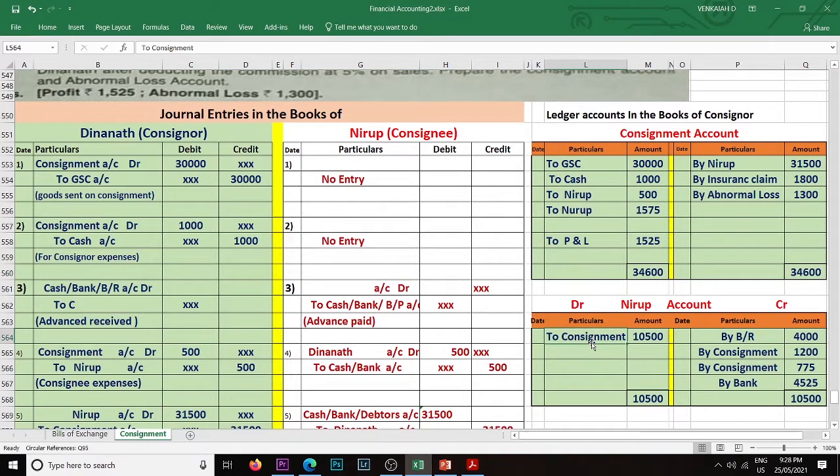Now we will complete Nirup account. Sales amount 31,500. No advance amount. Consignee expenses 500.